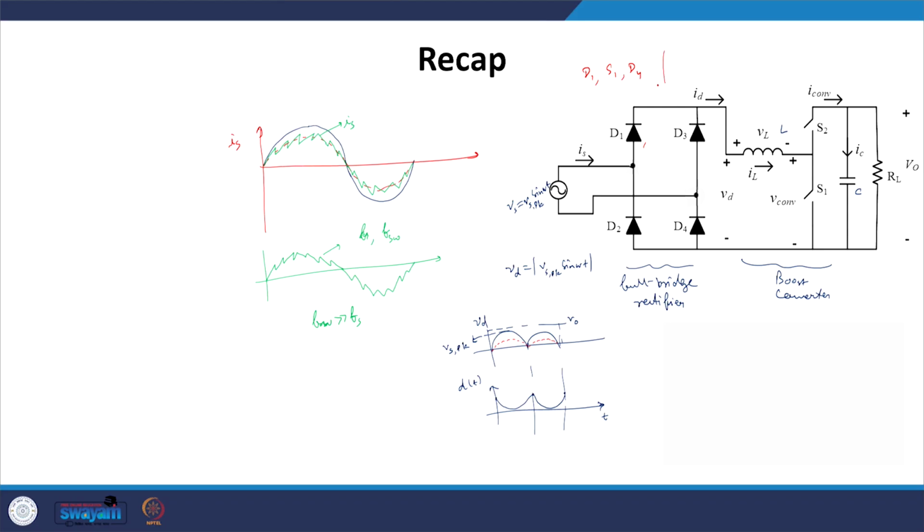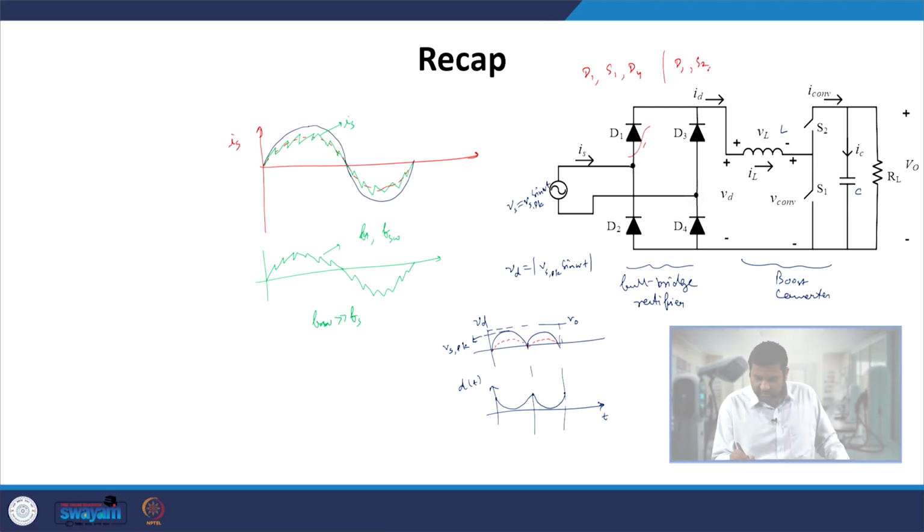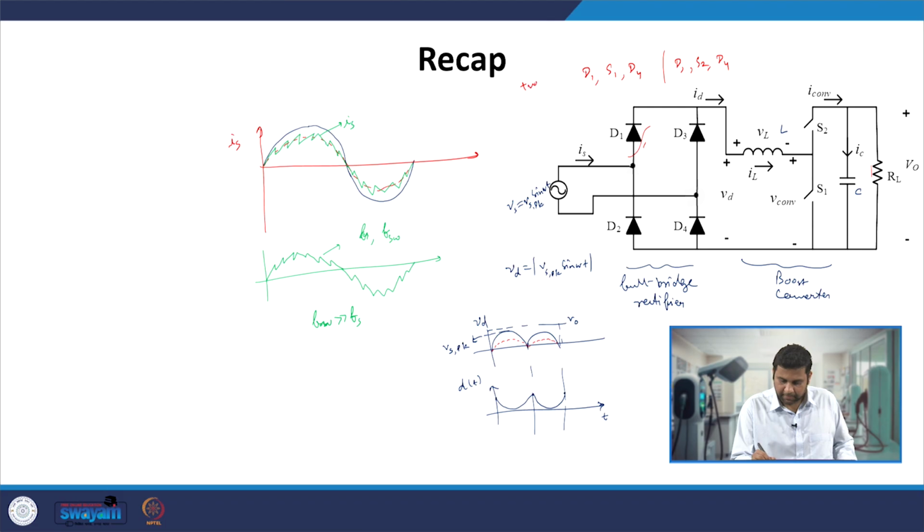While in the 1 minus D Ts period in the positive half cycle, D1 is in conduction, switch S2 is in conduction, and diode D4 is in conduction.